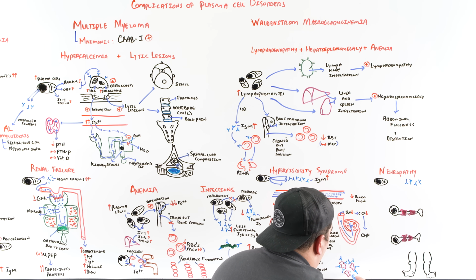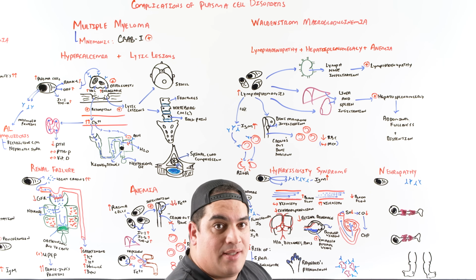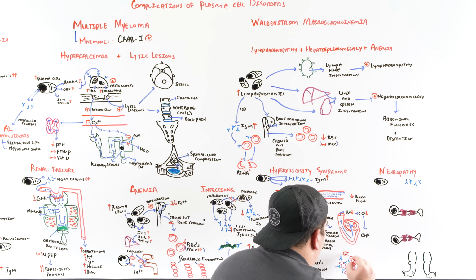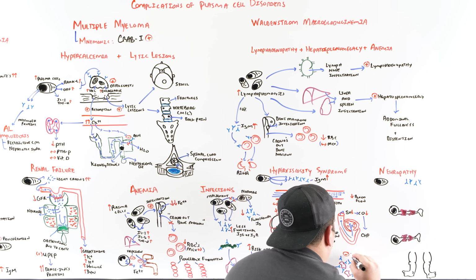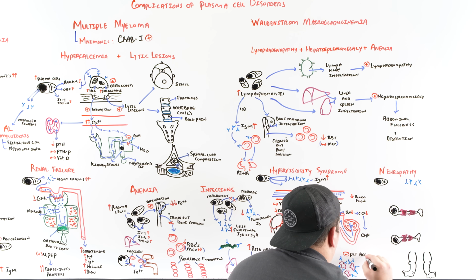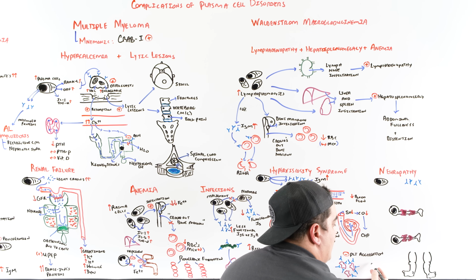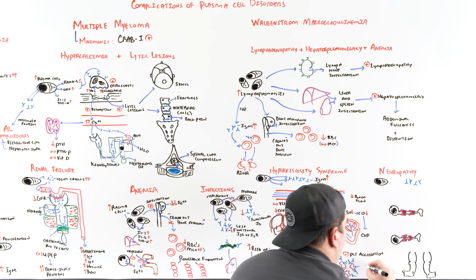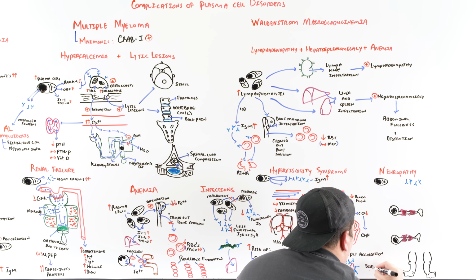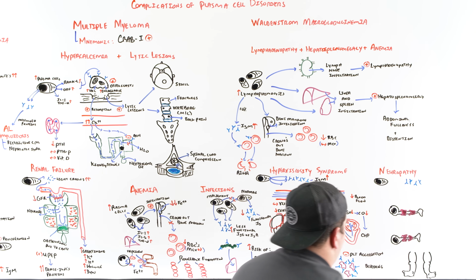And when you do that, you basically inhibit the platelets. So you inhibit the platelet aggregation. When you inhibit platelet aggregation, are you going to be able to form a clot if needed? No. Guess what that leads to? Impairment in primary hemostasis. What's going to happen? The patients can bleed. And so bleeding is another way that these patients oftentimes present.